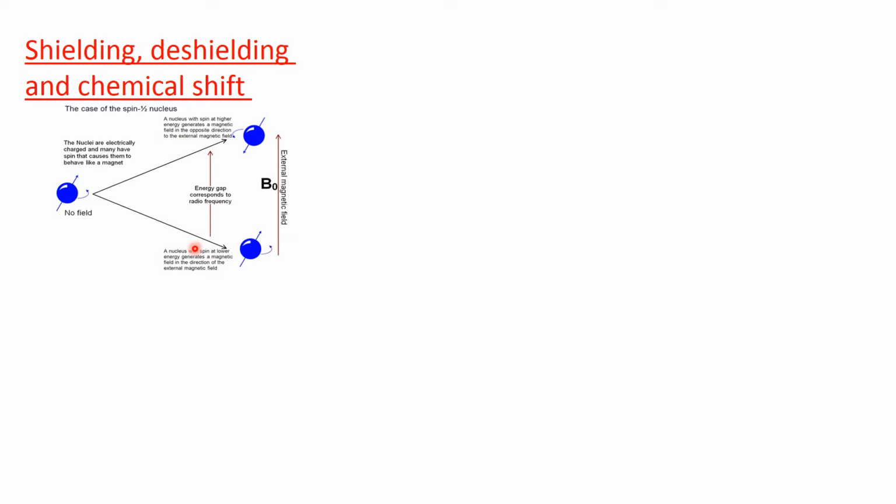When this occurs, this situation is called resonance. Then the nucleus flips from the lower spin state to higher spin state, that means the lower energy state to higher energy state. This transition is known as flipping, and we will get the absorption spectrum. Okay, this part I explained in part 1.